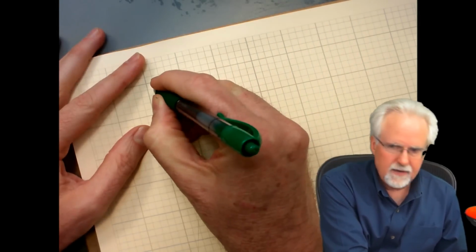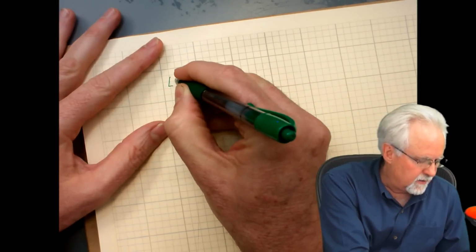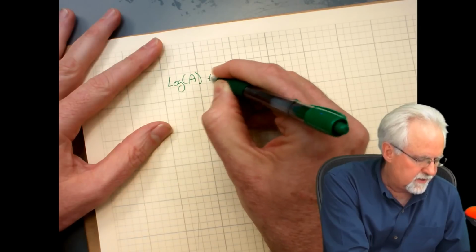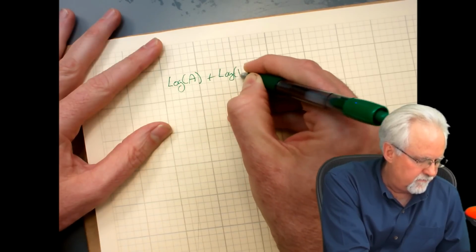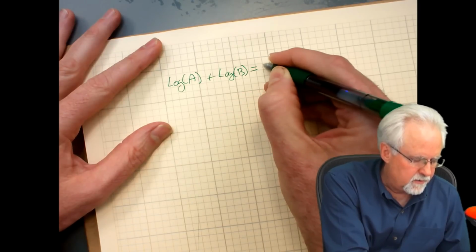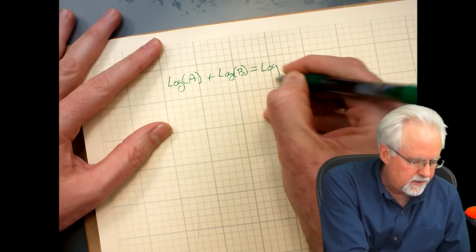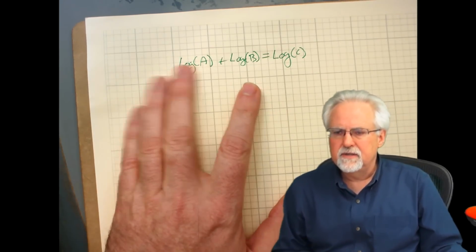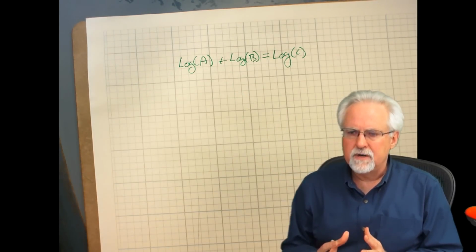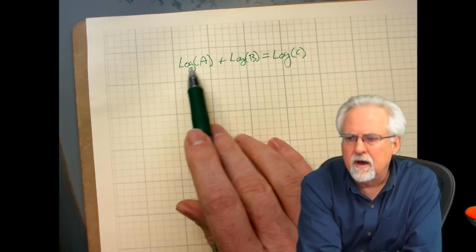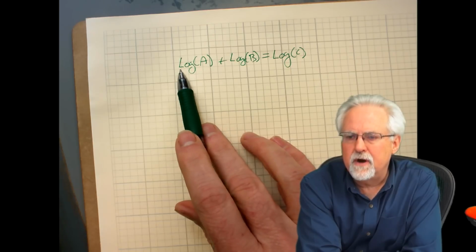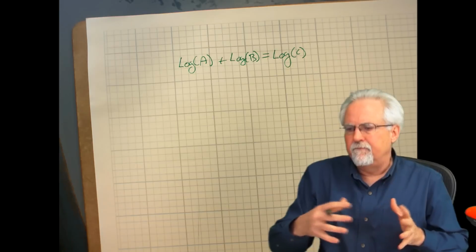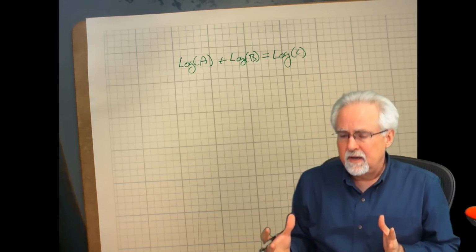Let's say that I had the problem log of A plus log of B is equal to log of C. What you have to understand is things like log are functions. This is log of A. It's some function that you're doing on A, just like sine of x is some function that you're doing on x.